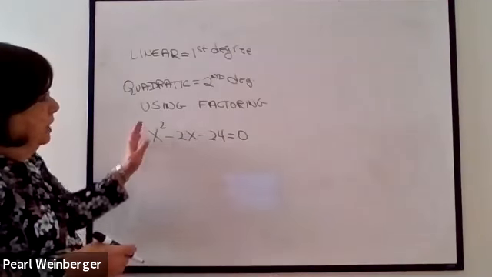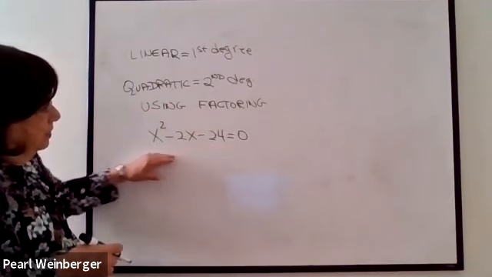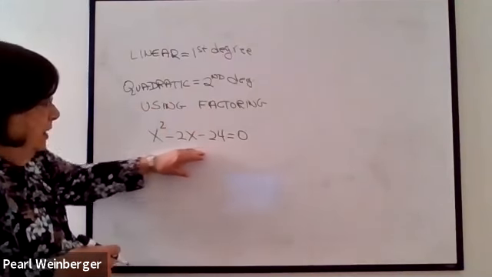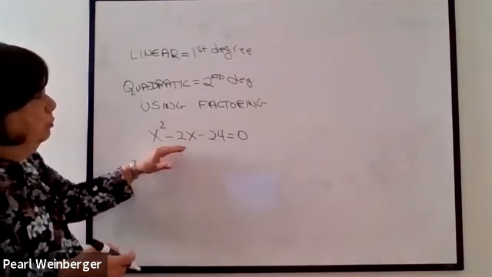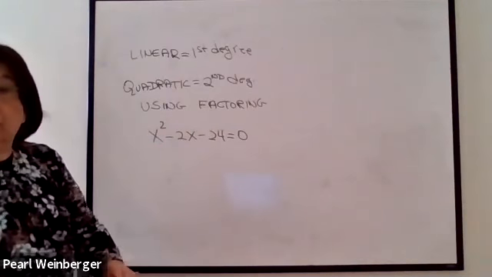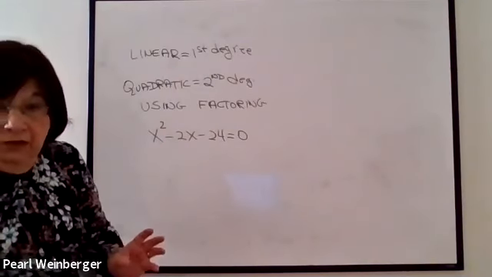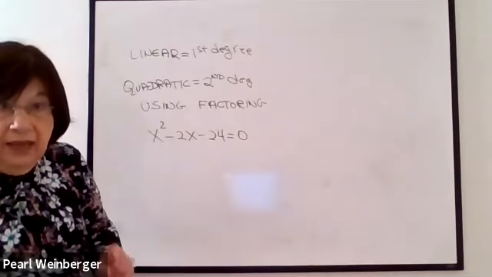What you do is after you have your equation equal to 0, you take the side that's not equal to 0 and you try and factor it. In this chapter, we're only going to be dealing with examples that can be factored.